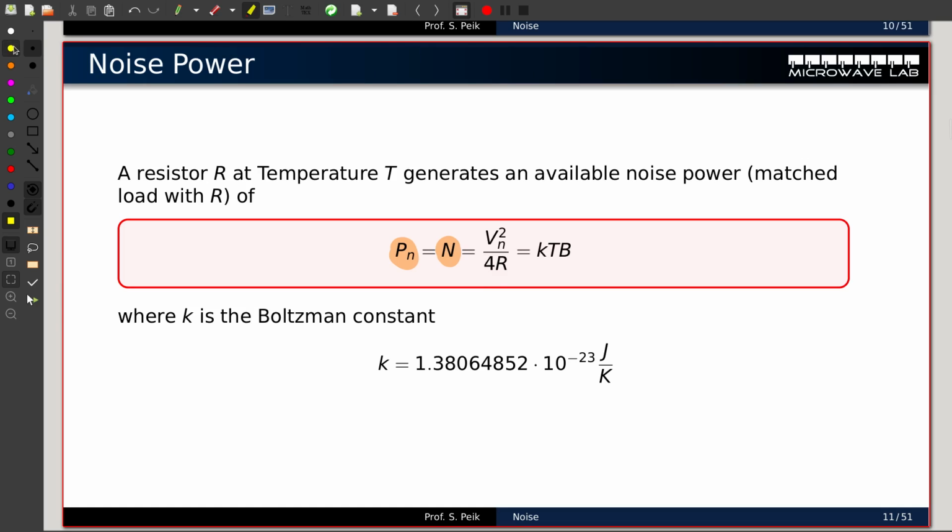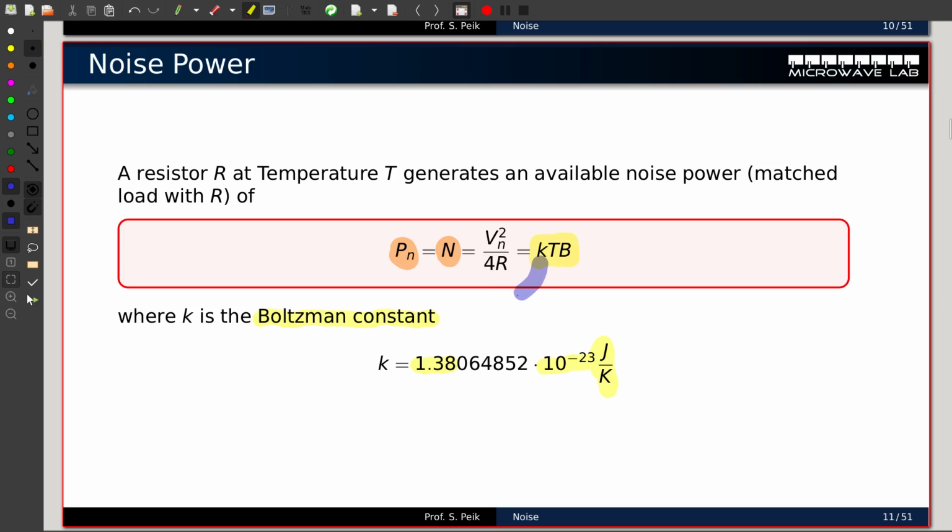What's interesting is actually this thing. My noise power is K times T times B. That's a fairly simple formula, but an important one for our noise, because that determines the amount of noise produced. K is the so-called Boltzmann constant. It has a value of 1.38 times 10 to the minus 23 joules per Kelvin, and is named after Ludwig Boltzmann, a very famous physicist.